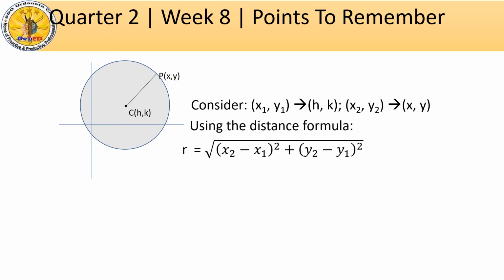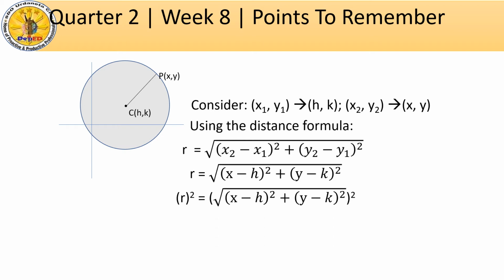Then using the distance formula, we have r is equal to the square root of the sum of the quantity x sub 2 minus x sub 1 squared and the quantity y sub 2 minus y sub 1 squared. Then substituting x sub 1 equal to h, and substituting y sub 1 equal to k.